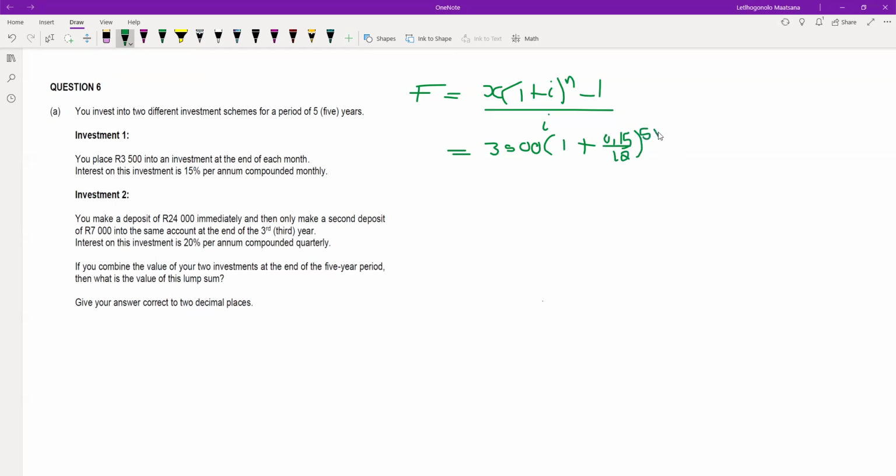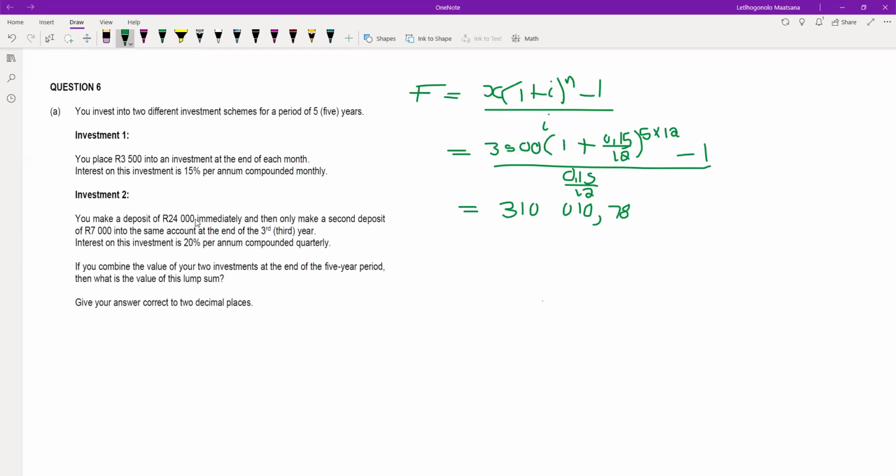But since we're depositing every month, we're going to multiply that by 12, minus 1, over the 0.15, which is our interest rate, divided by 12 again. So that would give us a total sum of 310,010 rand 78 cents.